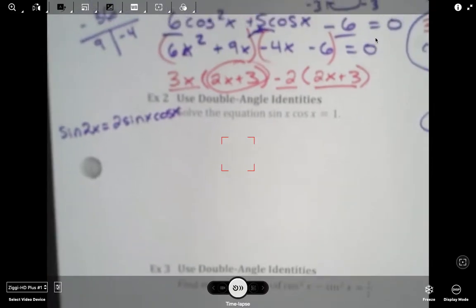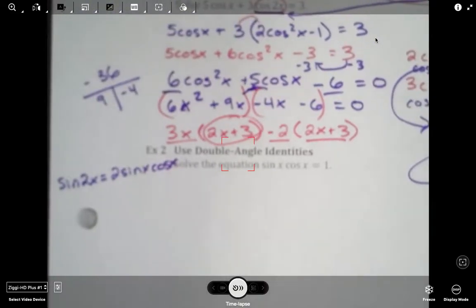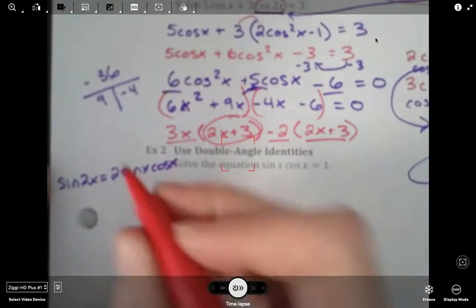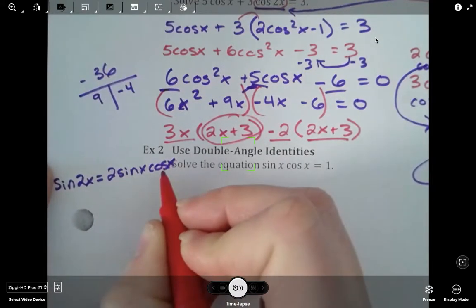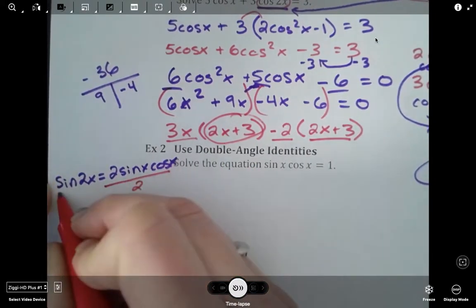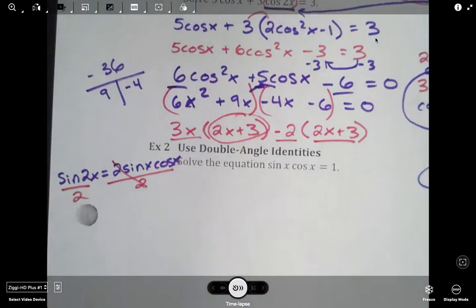I want my identity over here written so that it just says sine cosine, right? So I'm going to divide this guy by 2 to make it like that. The 2 is for the sine and the cosine.